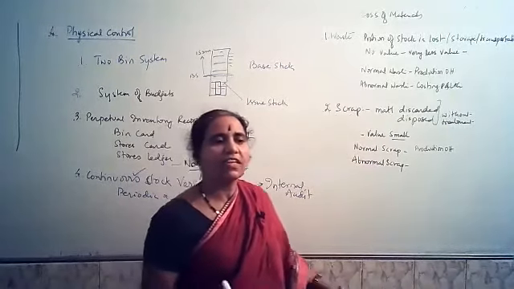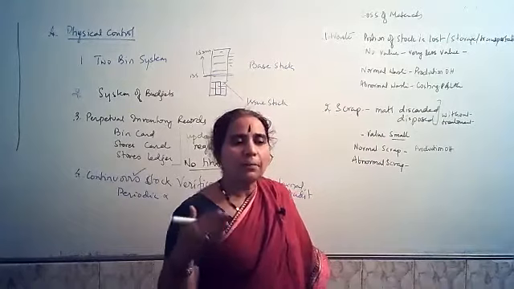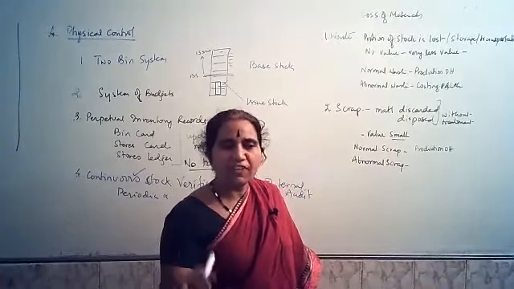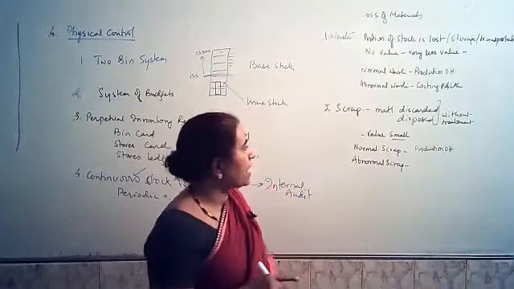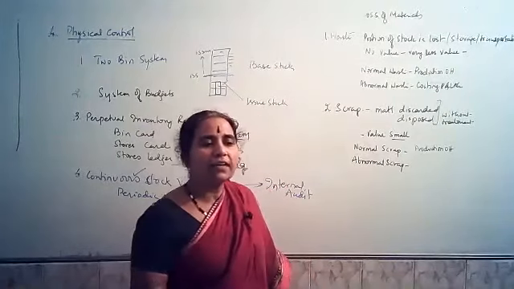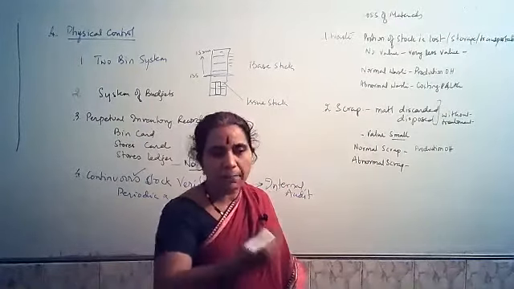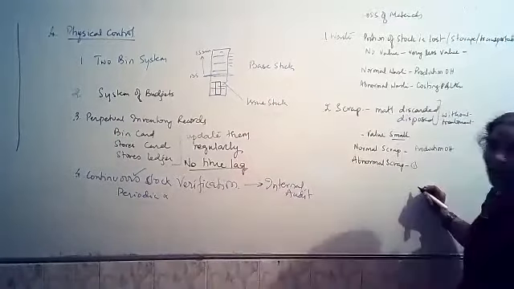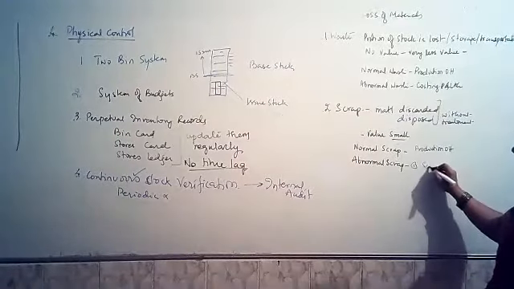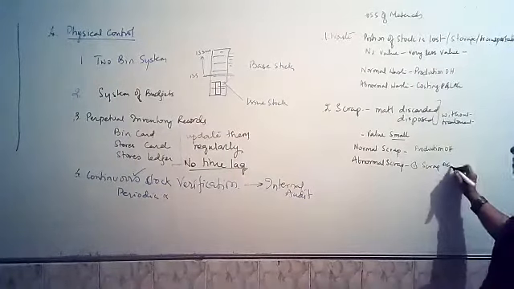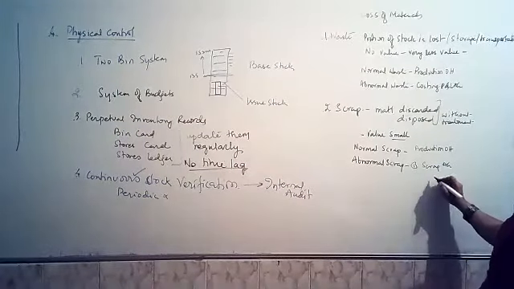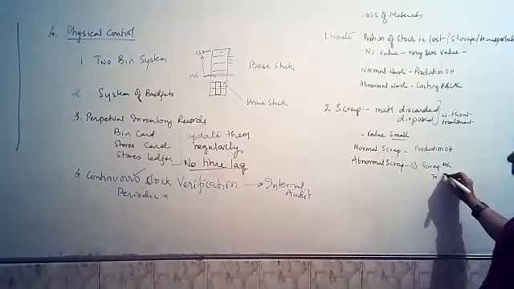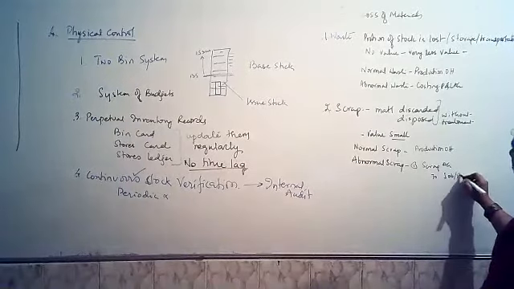Just in case the scrap is happening because of a specific job, we take that particular job for the scrap. So the first entry we pass is: debit the scrap account, credit the job or process account.